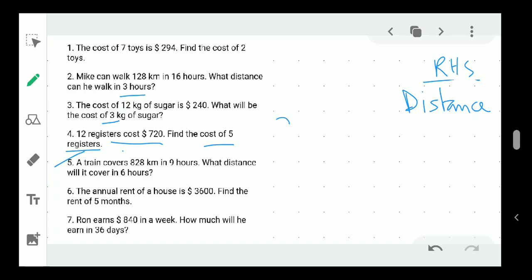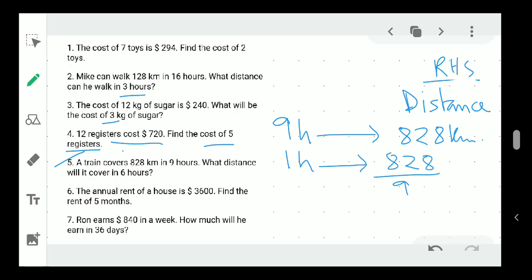So I can write here what is given, that is in 9 hours the train can go 828 kilometers. So unitary method means I have to find for 1. So in 1 hour the train will go division, right? Because see, in 9 hours if it goes this much, in 1 hour it has to go less. So here in the unitary method only two things are available to you.